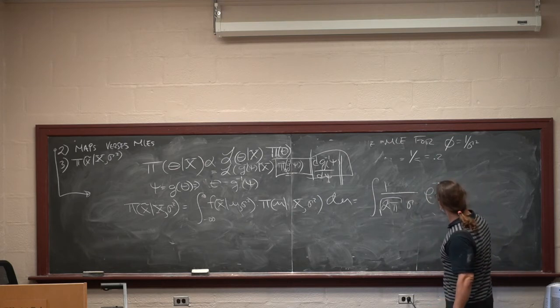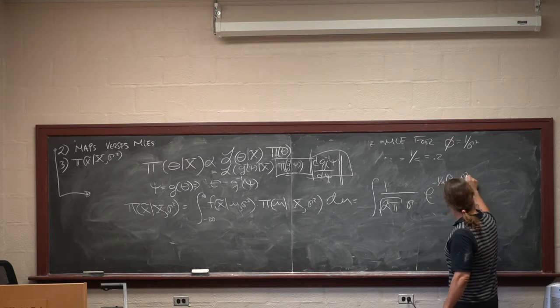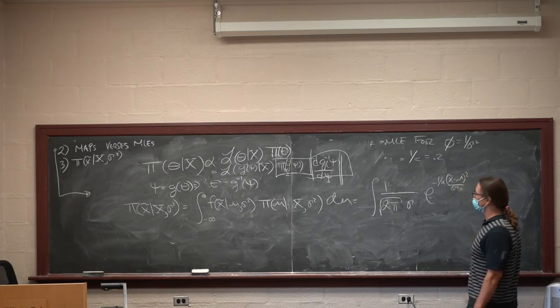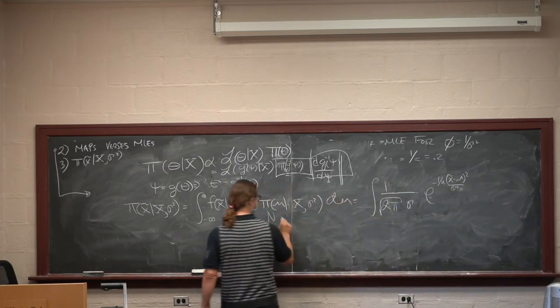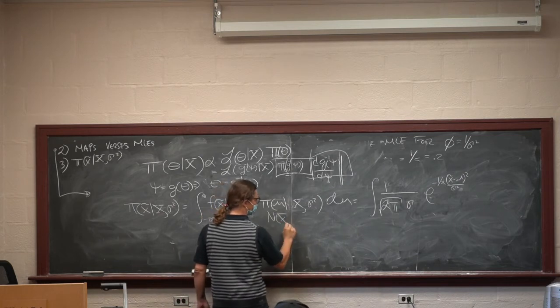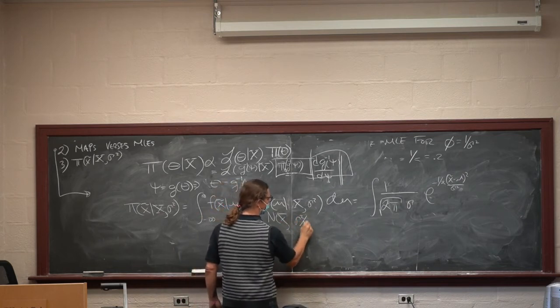E to the minus 1/2 x tilde minus mu squared over sigma squared. And then I've got this part. This part was a normal centered at x bar with variance sigma squared over n.